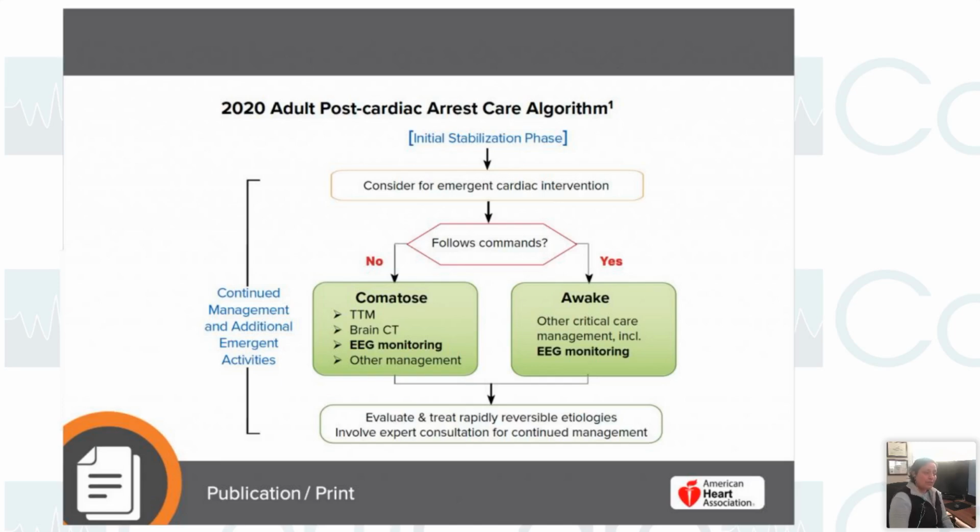In both scenarios, the EEG is done. When the patient is comatose, it's usually the long-term EEG that is done, along with the hypothermia. Awake patients may have periodic EEGs, or they may be hooked up for long term. That's where our role as EEG tech is important when the patient is presented to the ICU or even in the ER post cardiac arrest.